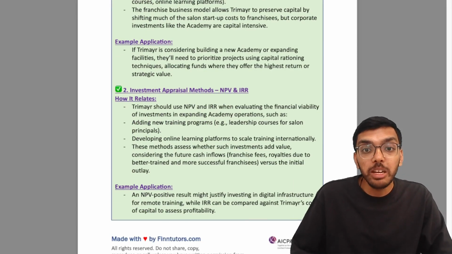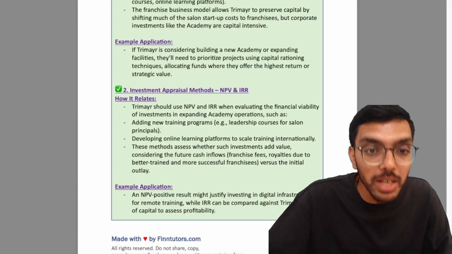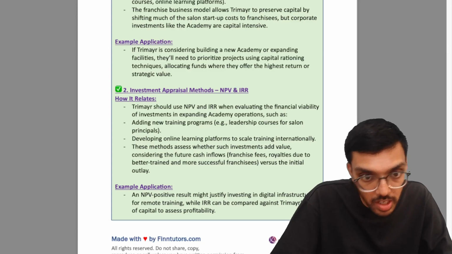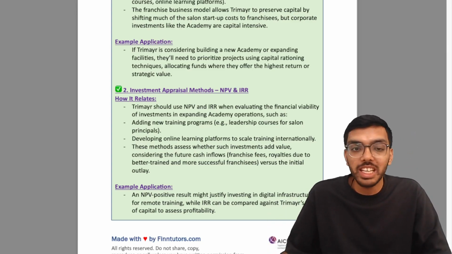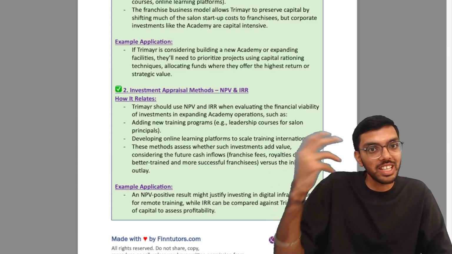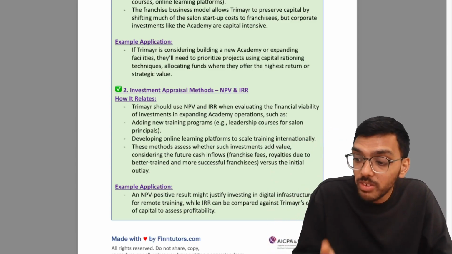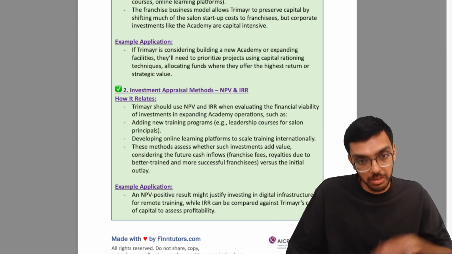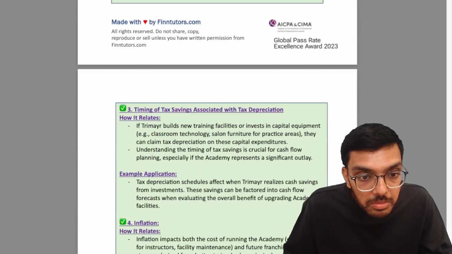Trimayr should use NPV and IRR when evaluating the financial viability of investments in, let's say, expanding academy operations, such as new training programs. What will be the NPV, what will be the IRR? No calculation, but I'm just giving you a scenario that they can ask you, okay, we are using NPV, how does NPV work? Advantages of NPV that you should have revised.